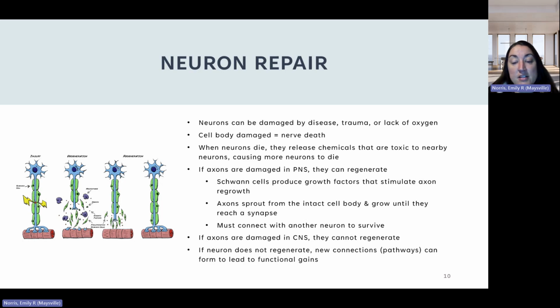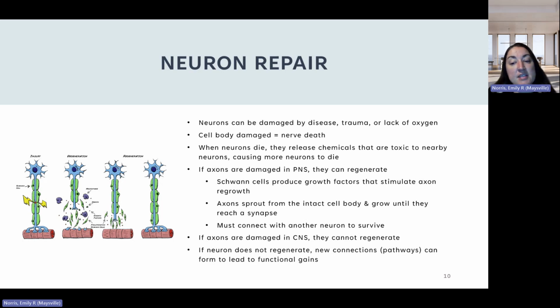If the axons are damaged in the central nervous system, they cannot regenerate, as we talked about. And if that happens, like we know people that, and this is what we do for a living, that have maybe a stroke or something and have some cell death in the brain. And we know now that neurons don't regenerate. So how do you regain function after brain damage if those neurons don't repair themselves?